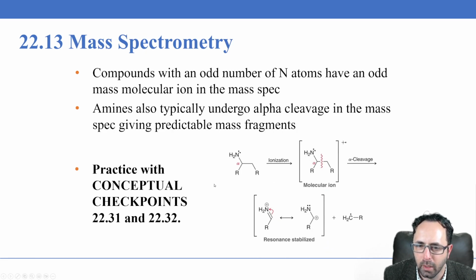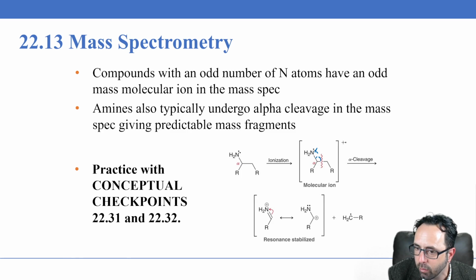Finally, when it comes to mass spectrometry, one thing to recall is that these amines will generally undergo alpha cleavage. Alpha cleavage occurs because the nitrogen atom will be ionized, and thus one of these electrons will be removed, and then we will have what's known as the alpha cleavage, where this bond breaks.